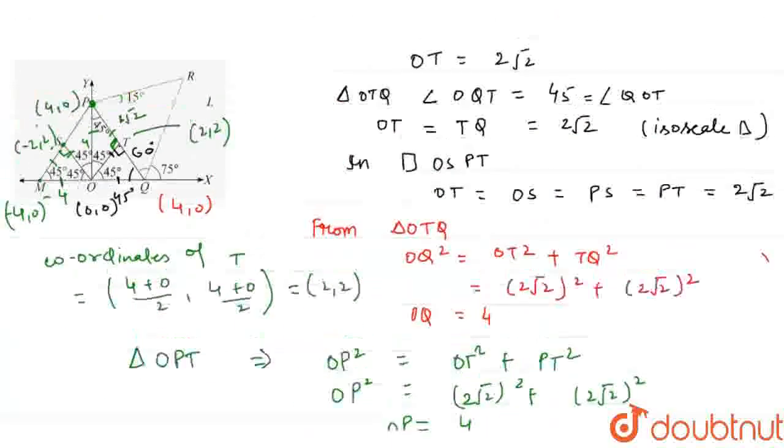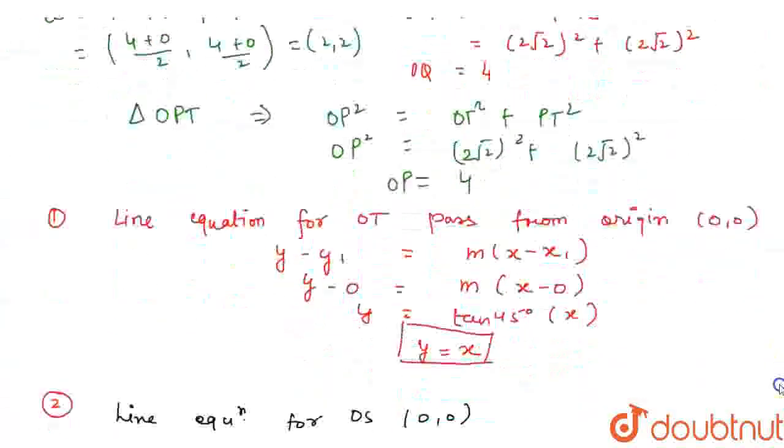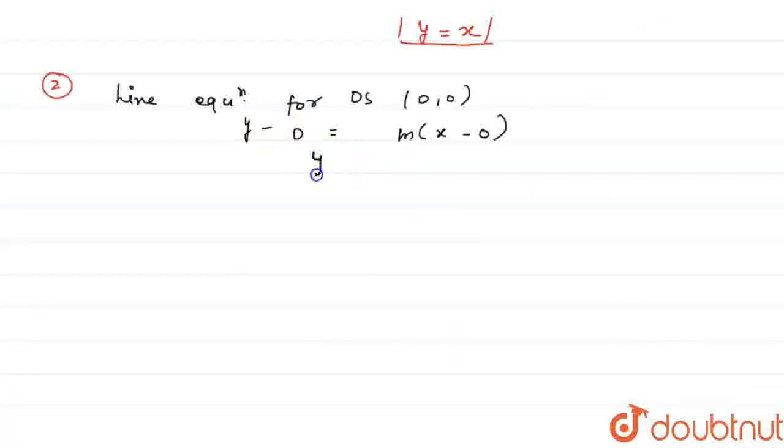Here if we see the value of the slope, this OS is passing in the negative side, right? So the total angle is 90. We can say this is making 45 with the negative axis. Okay. So now the slope will be, y is equal to minus tan 45 into x. So y is equal to minus x, because tan 45 is 1, right?